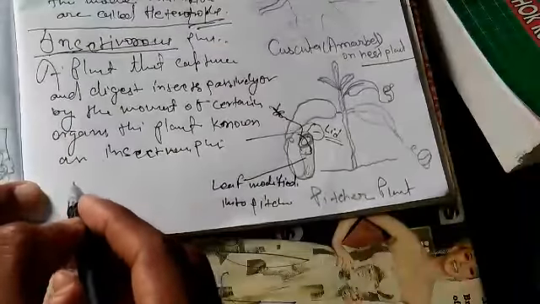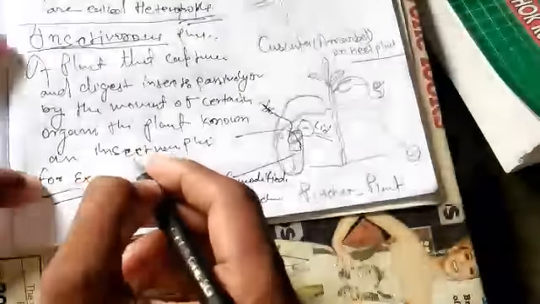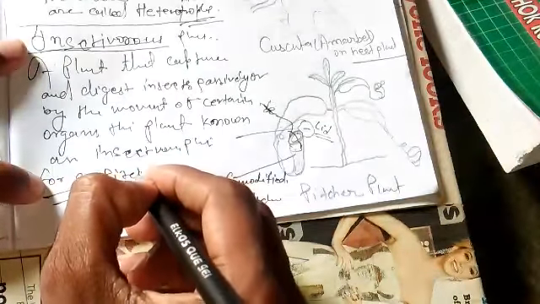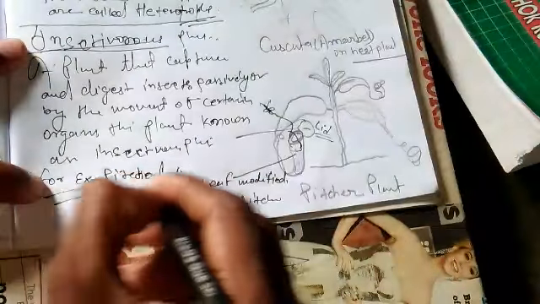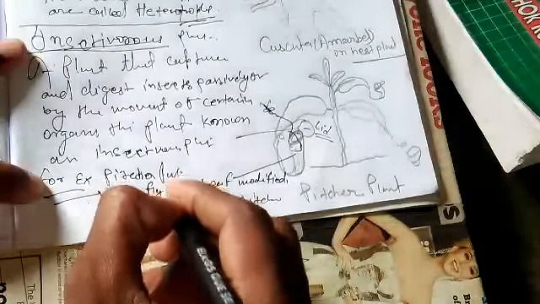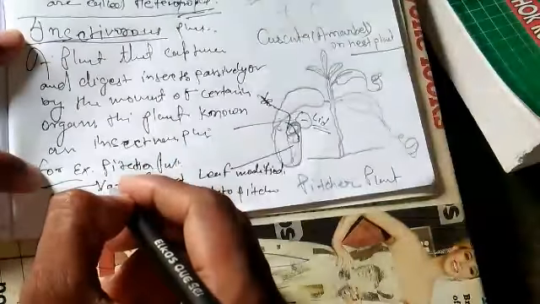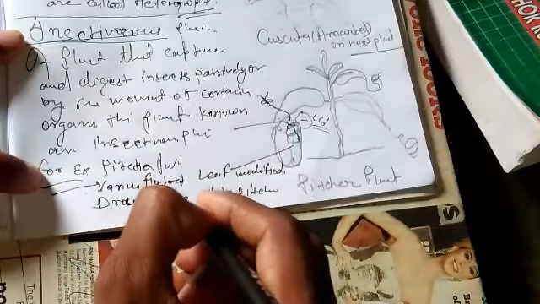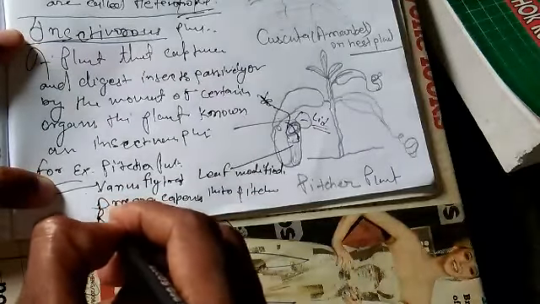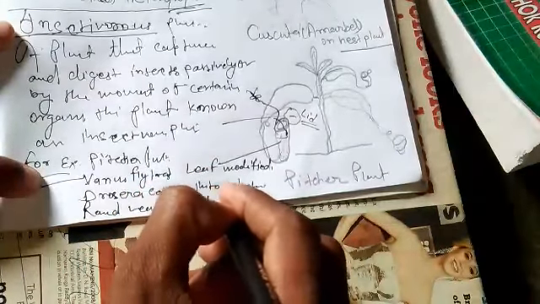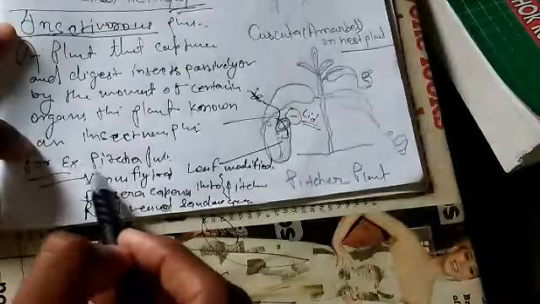For example, you can see some examples: pitcher plant, Venus flytrap, Drosera capensis, round-leaved sundew, etc. These are some examples of insectivorous plants.